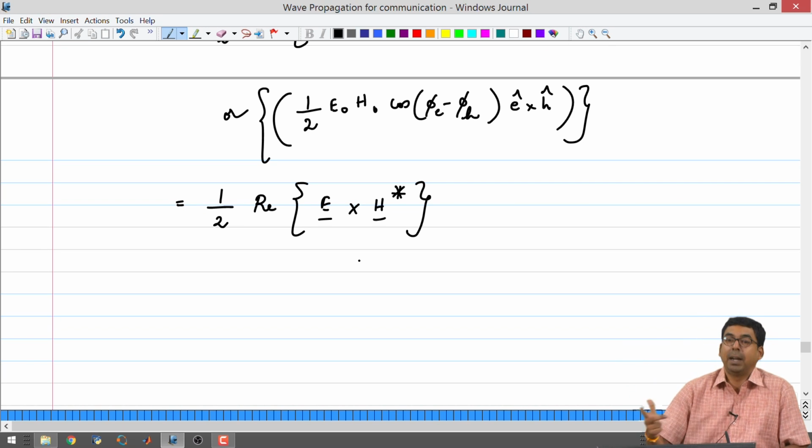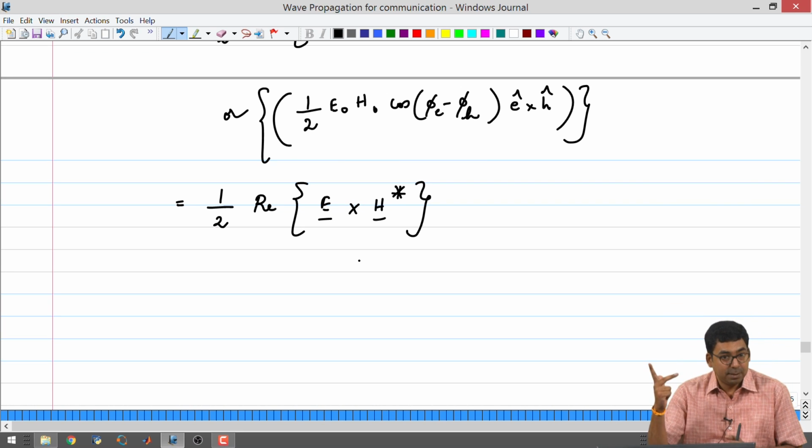It forms a perfect right handed configuration for your plane wave to travel. But we still are not talking about the phase when we are talking about the right hand rule. We are just talking about the unit vectors, we are not talking about the phase.